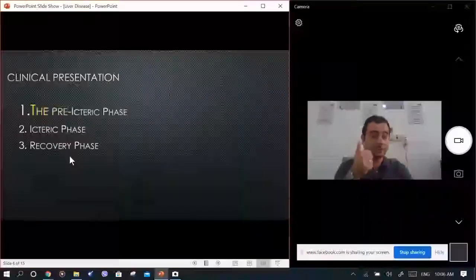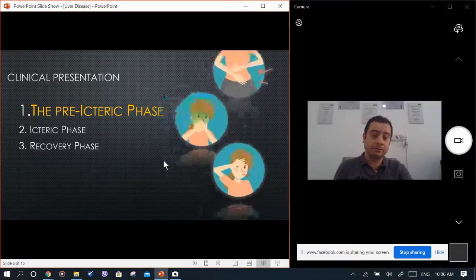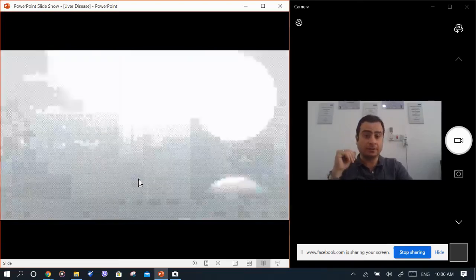Starting with the first one, the pre-icteric phase, the patient starts to have non-specific symptoms of abdominal pain, nausea and vomiting, and fever, which is an elevated body temperature. This phase usually takes about 2 weeks, and then the patient enters the icteric phase.